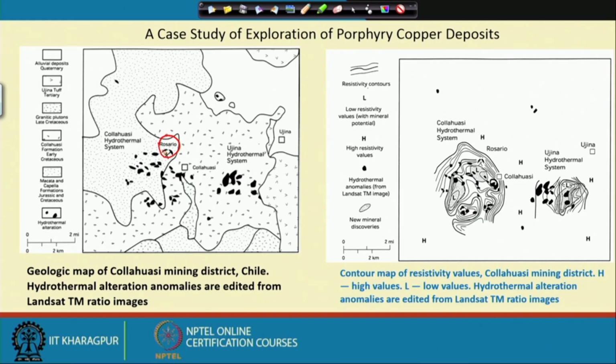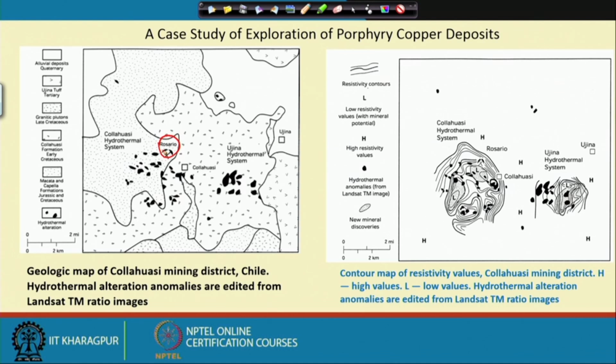One thing we have to keep in mind is that even though the frequency of occurrence of porphyry copper deposits is quite high in such a region, they are not necessarily always exposed at the surface. They are soil covered, and they need to be explored. So, this is the example.